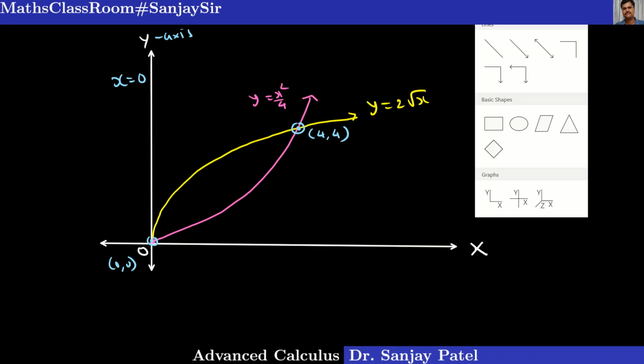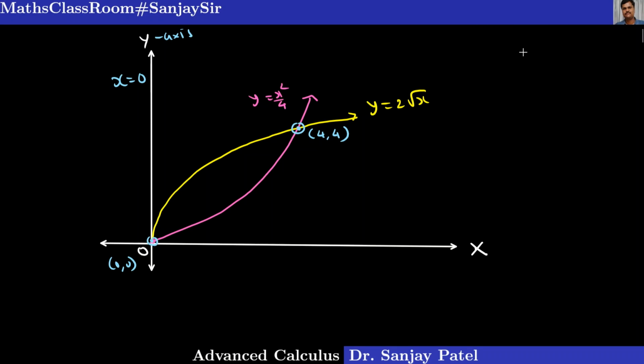X equal to 4 is the line passing through the point 4 and perpendicular to the x-axis, or you can say parallel to the y-axis. So this is the line x is equal to 4. So the region of integration is the area bounded between x equal to 0, x equal to 4, y equal to 2 root x, and y is equal to x square by 4. So this is the region of integration, my region E.